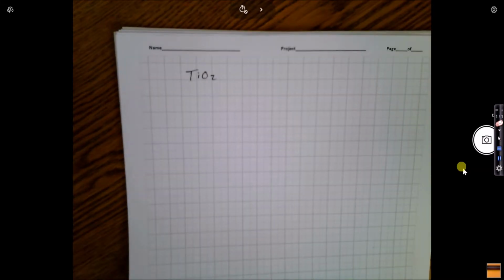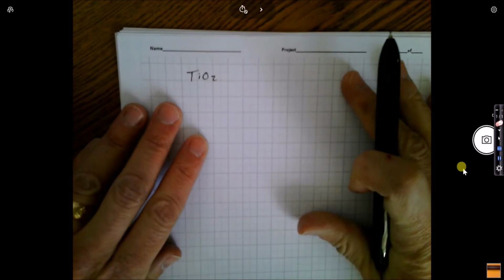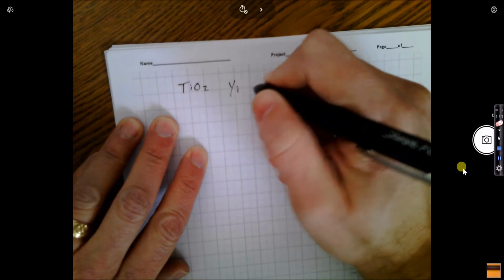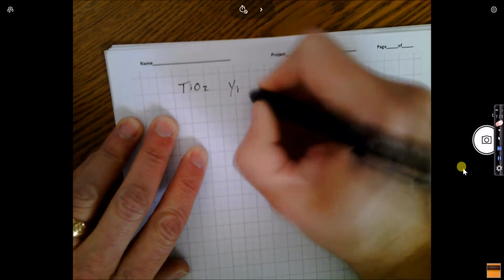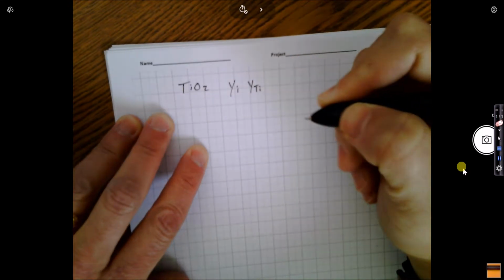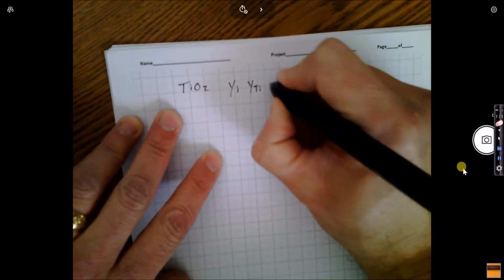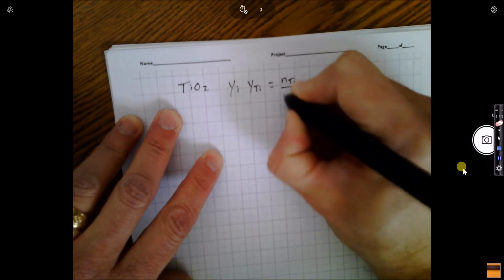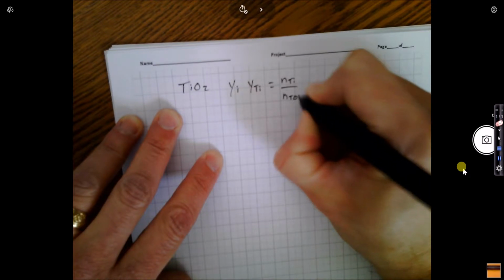Okay, so we're taking a look at titanium dioxide, and we want to know the mole fraction of titanium in titanium dioxide. So more precisely, the mole fraction of titanium, yTi. And so that equals the number of moles of titanium divided by number of moles total.